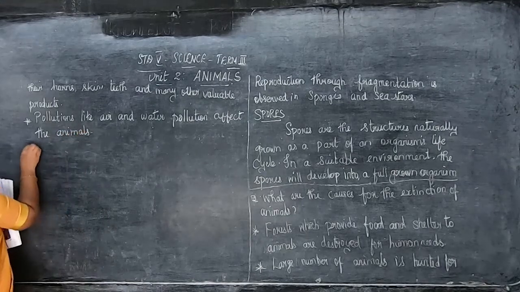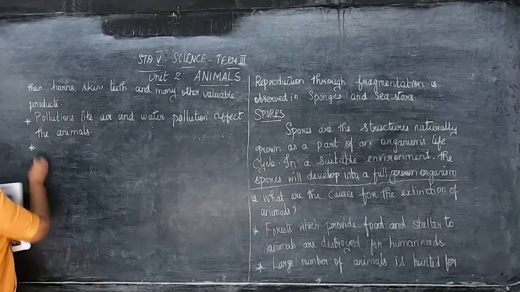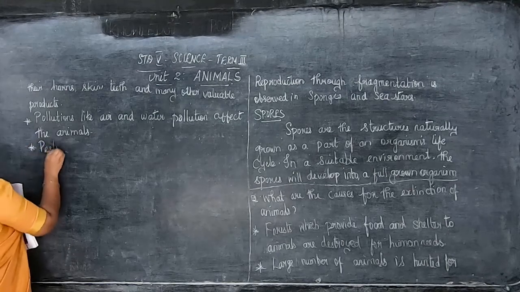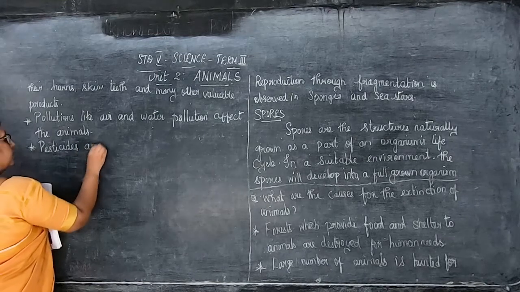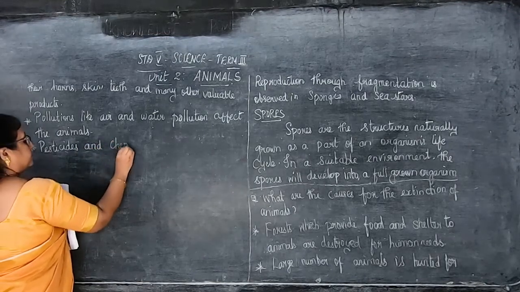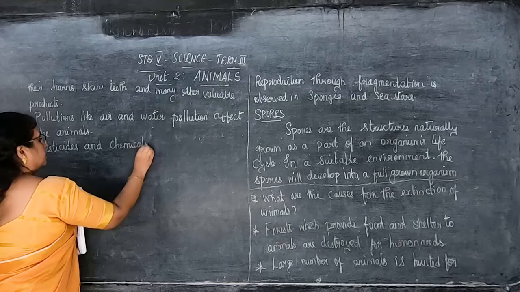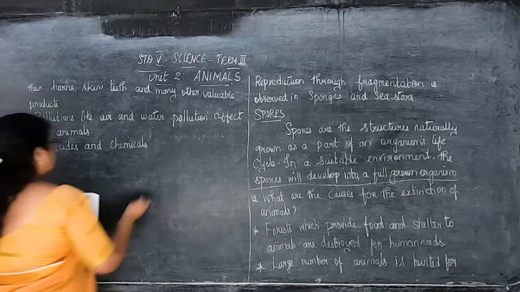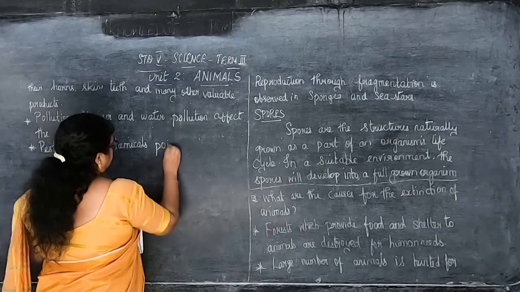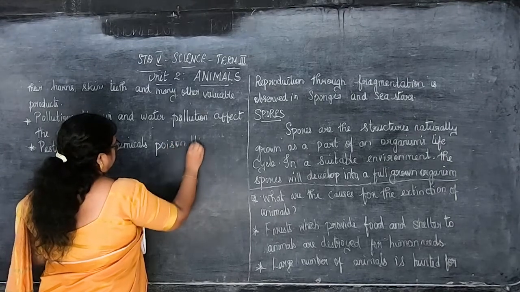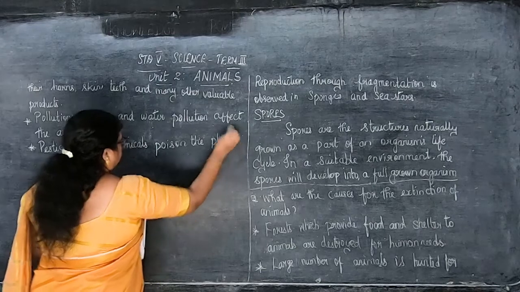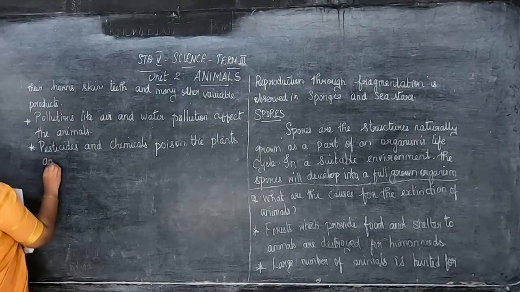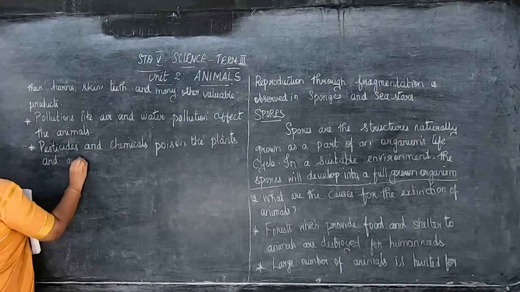Then fourth point, pesticides and chemicals poison the plants and animals.